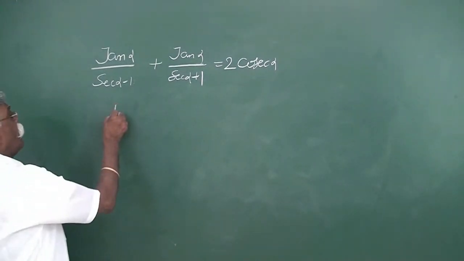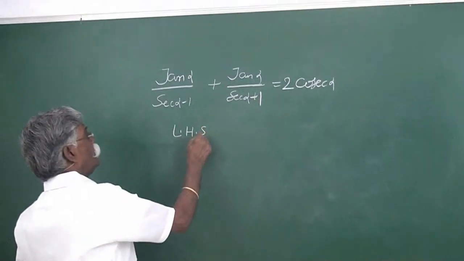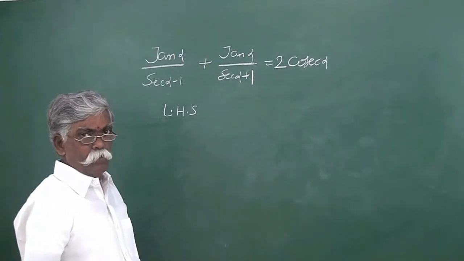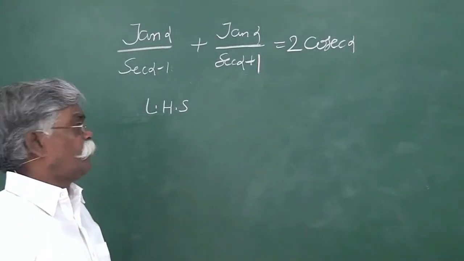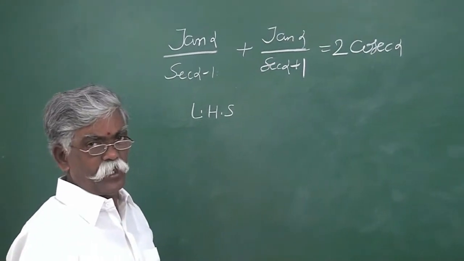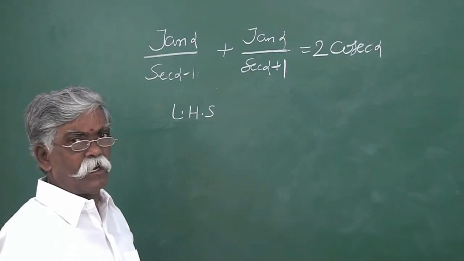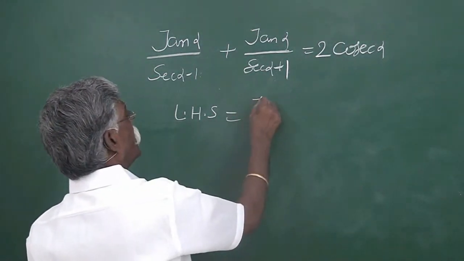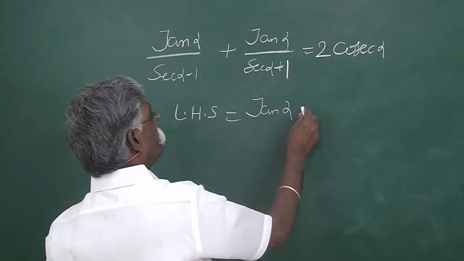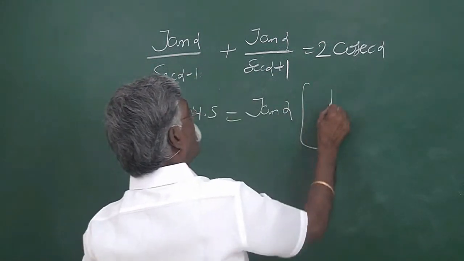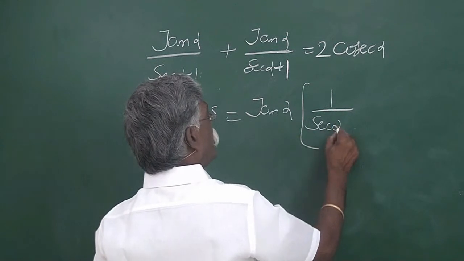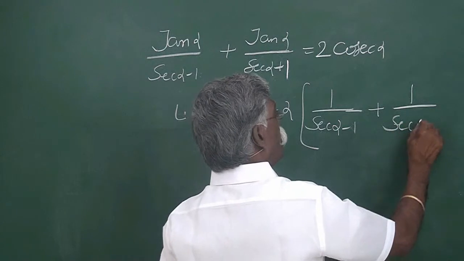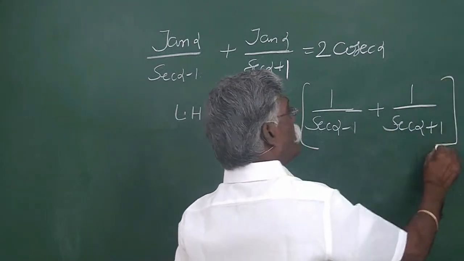Now, when we take the left hand side, we have to take the LCM, and before taking the LCM in any problem, if we can get a common factor, if we take out the common factor, the simplification becomes easier. Therefore, here, if I take tan alpha as common, here we are left with 1 by secant alpha minus 1 plus 1 by secant alpha plus 1.